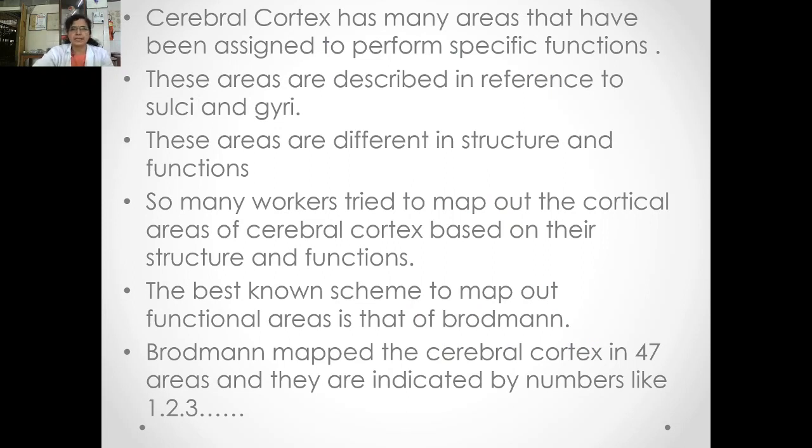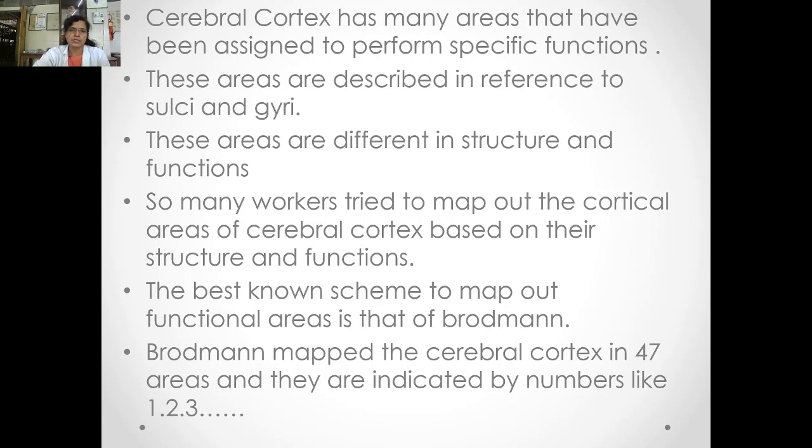The cerebral cortex has many areas that have been assigned to perform specific functions. These areas are described in reference to sulci and gyri. These functional areas of the cerebral cortex are different in structure and functions. So many workers tried to map out the cortical areas of the cerebral cortex based on their structure and functions.